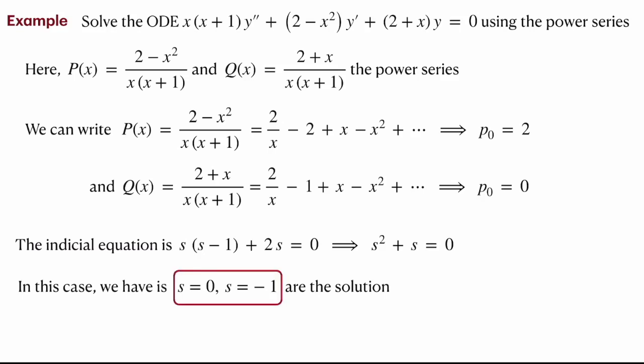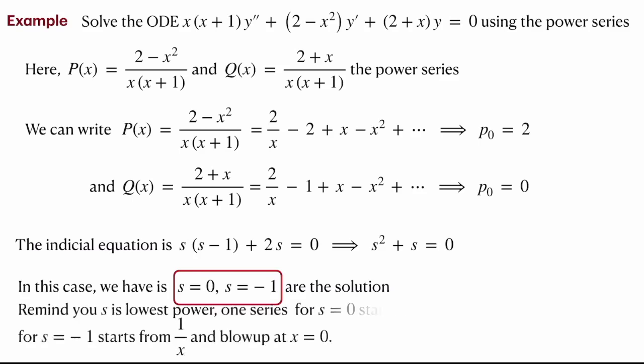We see that the series corresponding to s is equal to 0 has no problem. It is well behaved at x is equal to 0. On the other hand, the second series corresponding to s is equal to minus 1, which has 1 by x built into the series, would blow up at x is equal to 0.